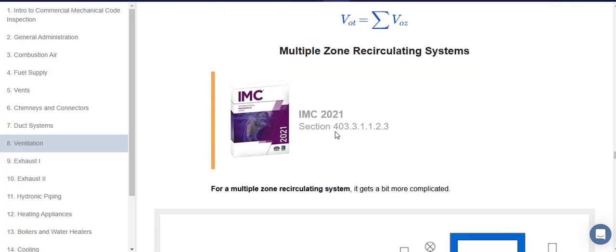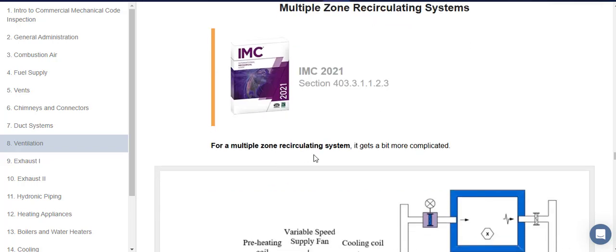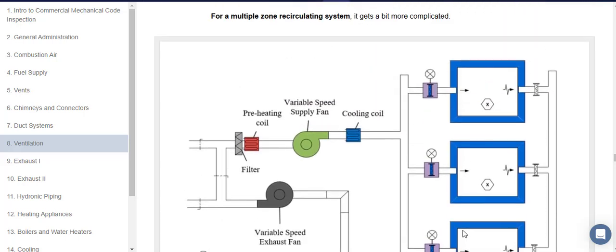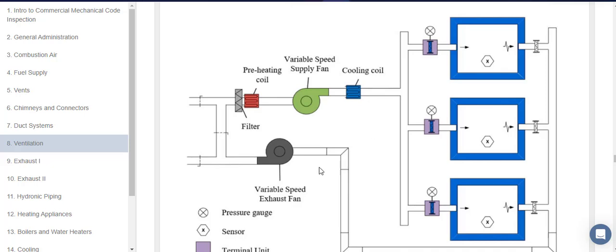Multiple zone recirculating system. International Mechanical Code 2021, Section 403.3.1.1.2.3. For multiple zone recirculating systems, it gets a bit more complicated. Here, illustration 8J, the multiple zone recirculating system. Here we have so many zones.